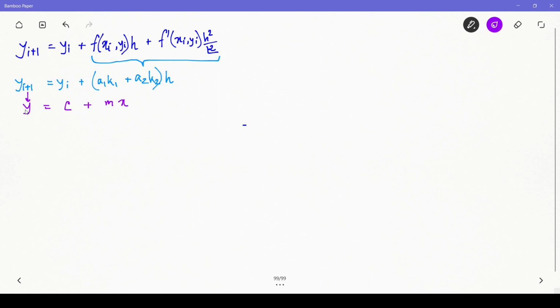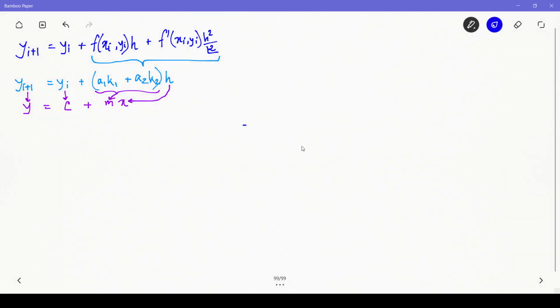We can say it is the y value of the straight line that we are coming up with. This is the y-intercept. This whole thing is the slope. So this weighted sum of the slope values, we can consider the slope of the new line, and this step size is basically the x value. Okay, fine.